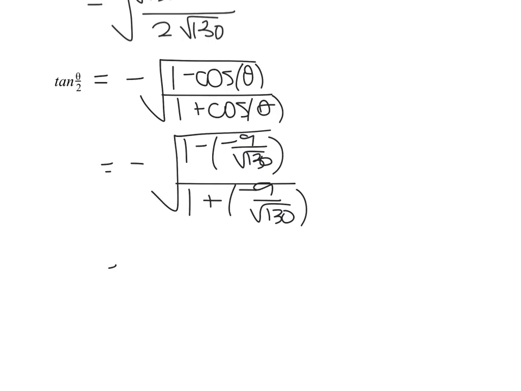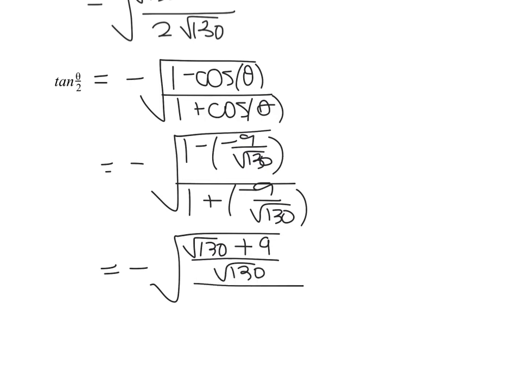And I'm going to combine steps again. I'm going to rewrite as a single fraction and also change the signs. So we get negative square root. Our numerator is going to become radical 130 plus 9 over radical 130. And our denominator is going to be radical 130 minus 9 over radical 130.